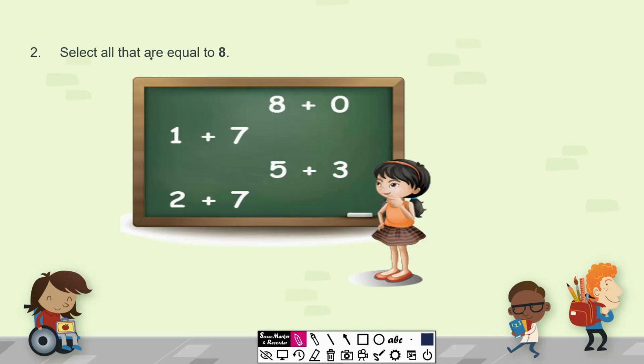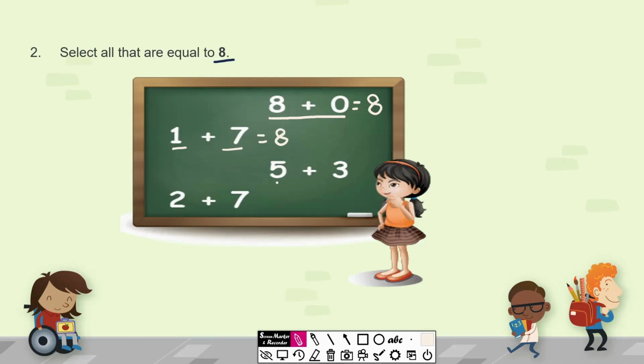Select all that are equal to 8. So 8 plus 0 is equal to, see, we know when we add 0 to anything, it will not change. So 8 plus 0 will equal 8. 1 plus 7 is equal to, yes, it is also 8.